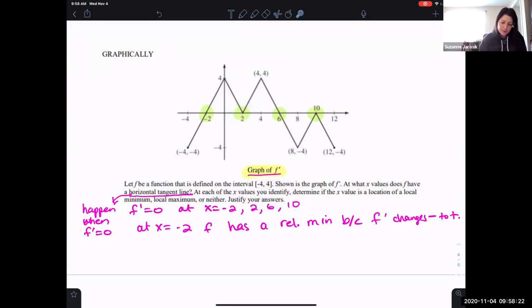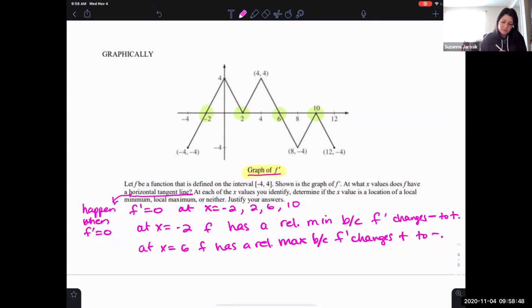Nothing. All right, I'm going to save the no sign change ones for last to write about those. Let's look at 6. At 6, there's a definite sign change. We go from positive to negative. So at x equals 6, f has a relative max because f prime changes from positive to negative.